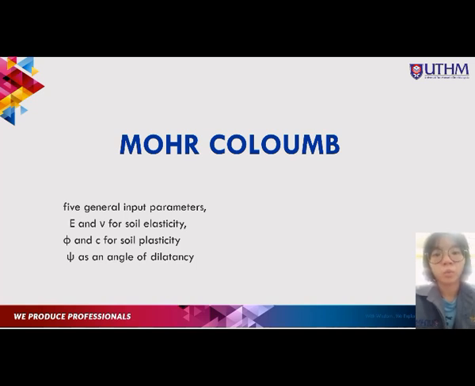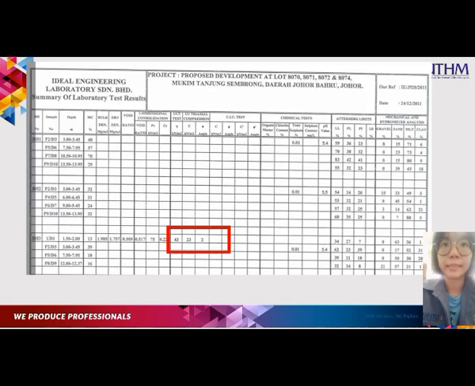So in other words, the hardening soil model is an advanced version of Mohr-Coulomb with additional stiffness parameters. Here attached is the lab result which demonstrates how we can get our general parameters such as cohesion and friction angle for our Mohr-Coulomb and hardening soil models.